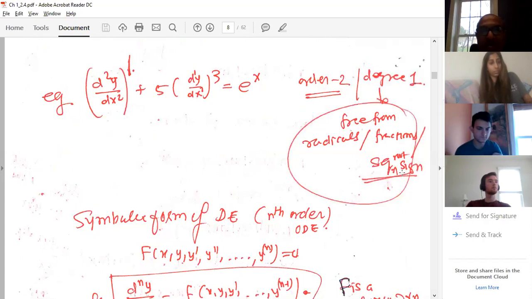d square y over dx square plus 5 (dy by dx) cubed equal to e to the power x. Now I would like to explain what we mean by the order of the differential equation. First of all, the definition. A differential equation means an equation which contains a derivative with some integer power.